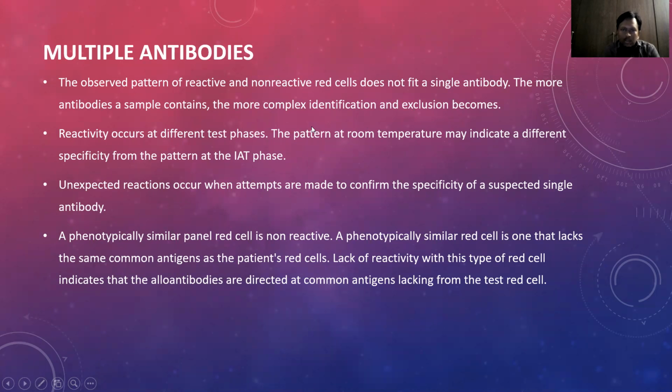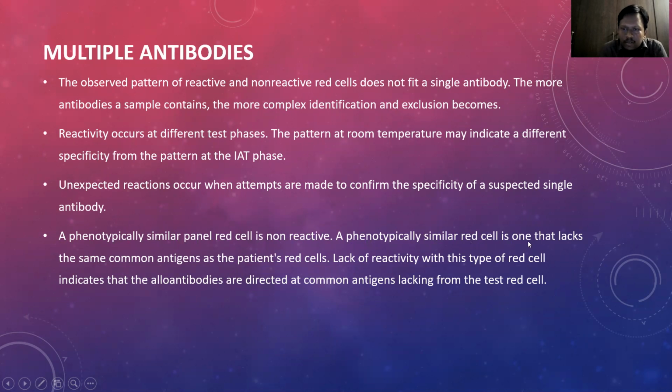You can see one reactivity at room temperature and another at IAT, which tells us that 2 antibodies are acting at 2 different phases. The third thing is that an unexpected reaction can occur when attempts are made to confirm the specificity of a suspected single antibody. You get a lot of the cell panel giving positive reactions. If you take a phenotypically similar panel of red cells, it will be non-reactive. That means it is not an autoantibody.